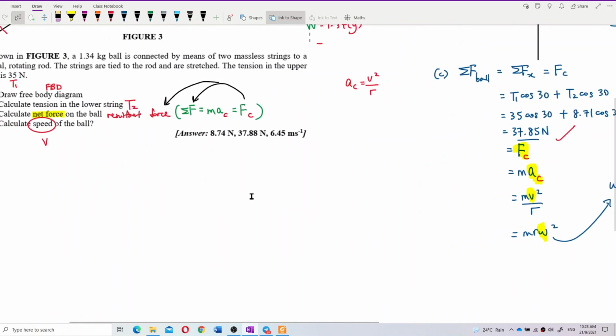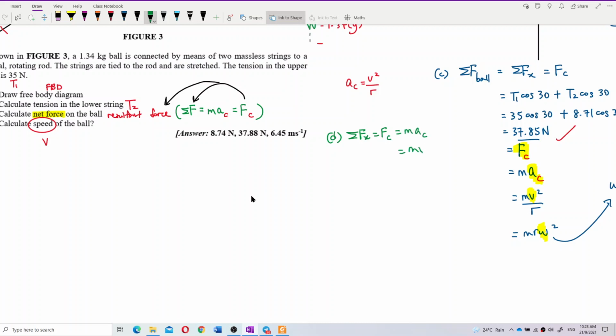Let's find the V. So the resultant, so we know that the resultant force in x component is actually the centripetal force, equal to MAC or MV squared over R.